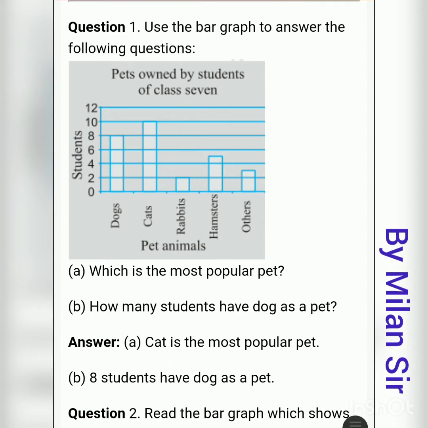For dog we need to check the bar of the dog. This is called a bar graph, that means these are called bars, bar means column. For dog it reaches up to 8. So 8 is our answer. 8 students have a dog as a pet.